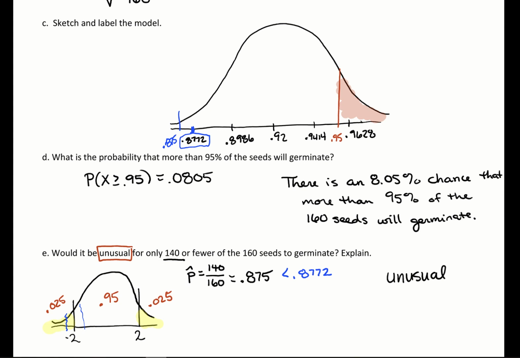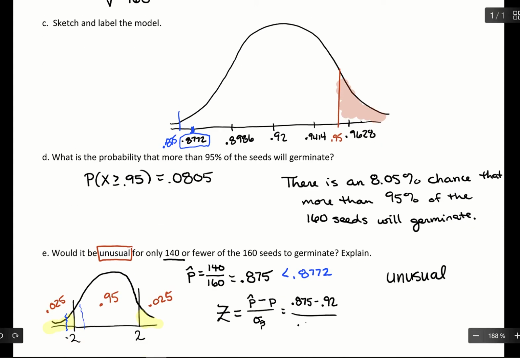You can also prove this with a z-score. You take your sample proportion minus what's expected, over our standard deviation. So for us, we'd take our 0.875, take away the 0.92, and then divide by our standard deviation of 0.0214.